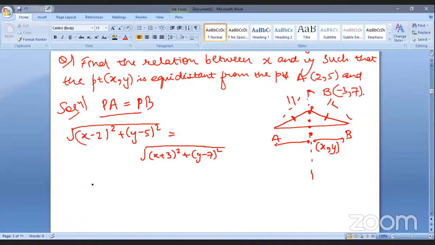Okay, so we'll just solve it. And I don't think that I have to solve it, you can just open it. I definitely know that you can just remove these two squares, open it, and you will get to this result.